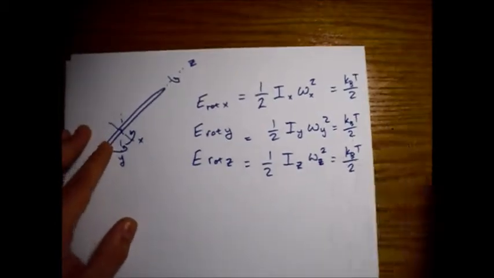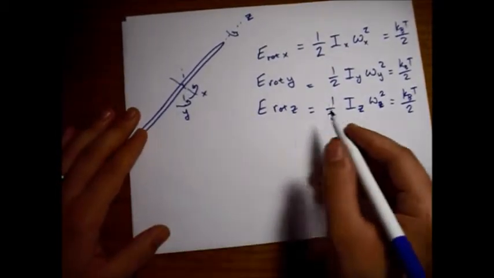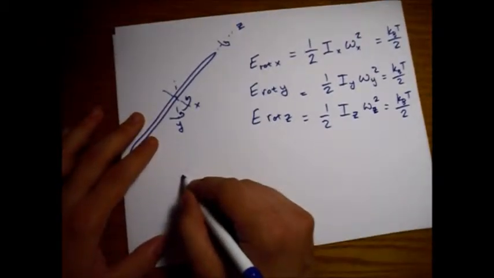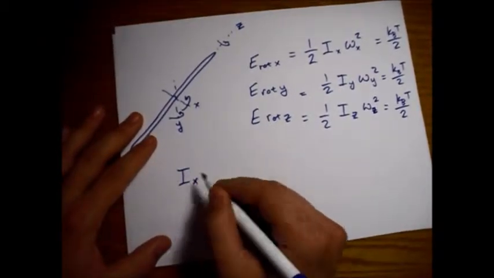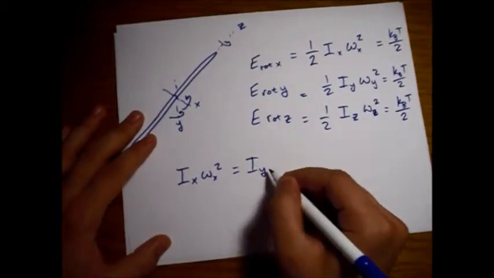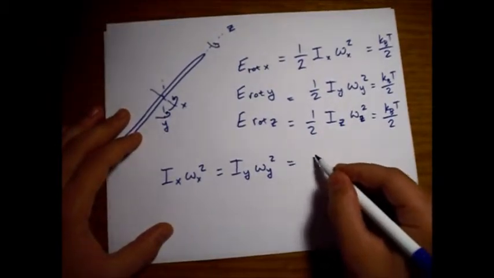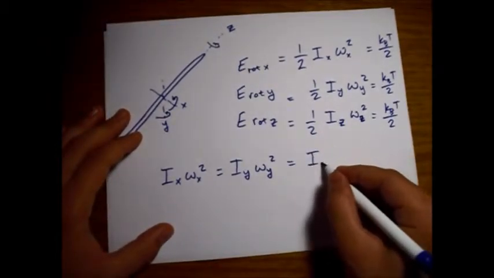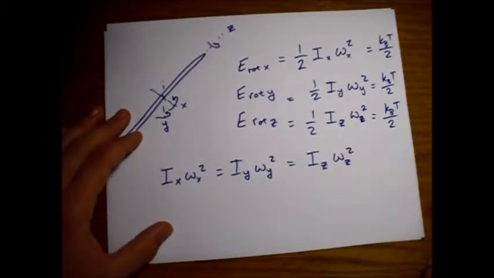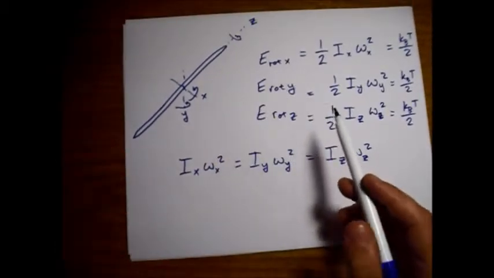The point is that they're all equal under thermal equilibrium. So if we ignore the 1/2s, we have I sub x omega x squared equals I sub y omega y squared equals I sub z omega z squared.